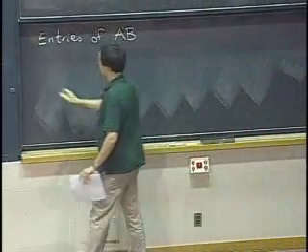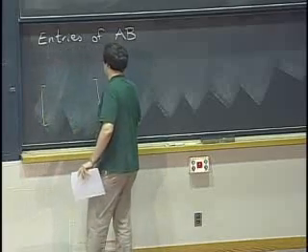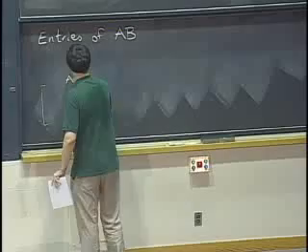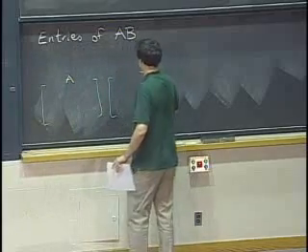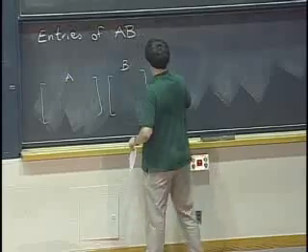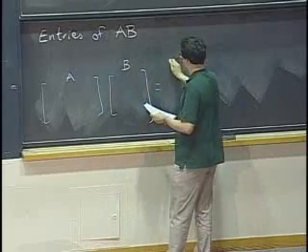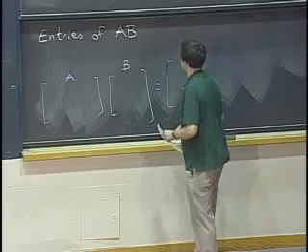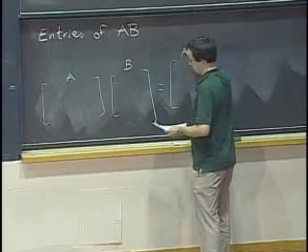Okay, so if I have my matrix A, and I have my matrix B, then I will get the product AB.